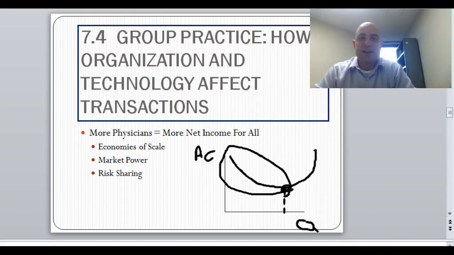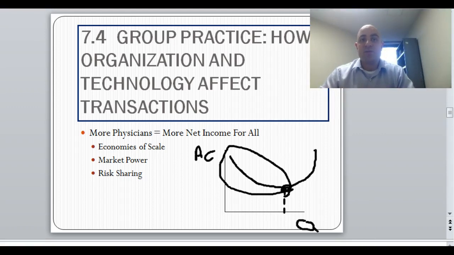So for example, let's say a doctor has an office, and that office has 2 exam rooms and one person working the front area doing clerical work. So now that one doctor has to pay 100% of the rent and 100% of the cost of that person working the front desk. But now if you bring another doctor in, which if it has 2 to 3 rooms, you can accommodate 2.